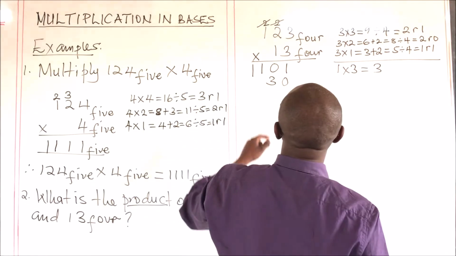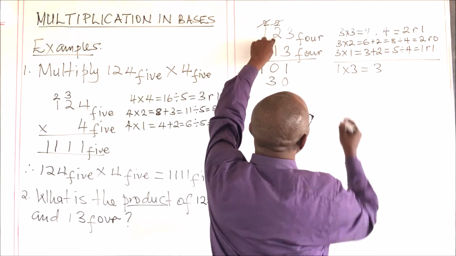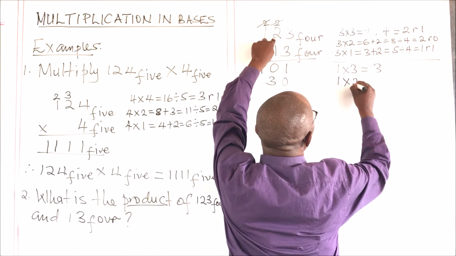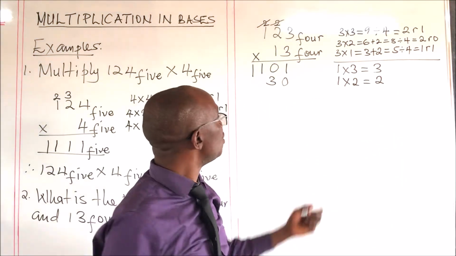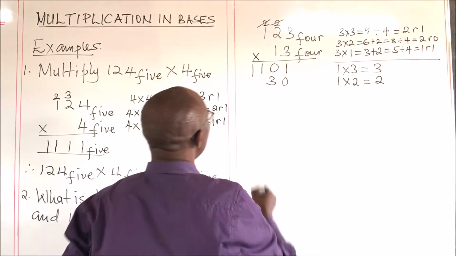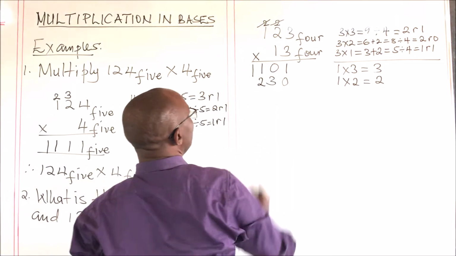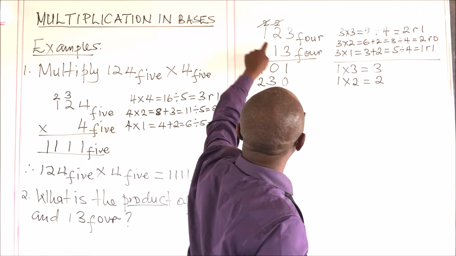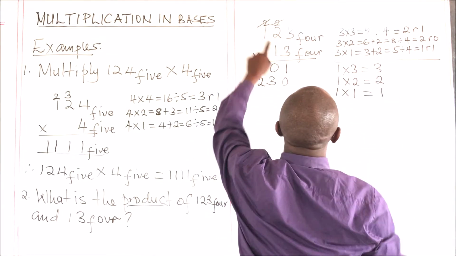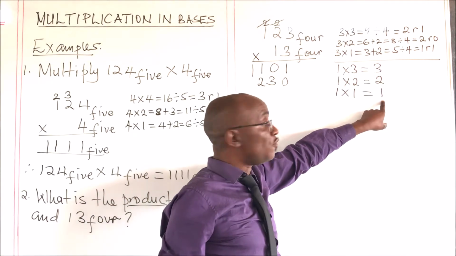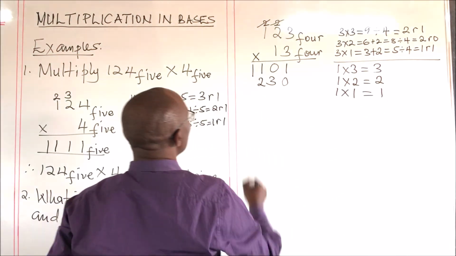So now we continue. 1 times 2, we get 2. 2 is less than 4, so we can write 2 in base 4. 1 times 1, we get 1. 1 is less than 4, so we can write 1 in base 4.